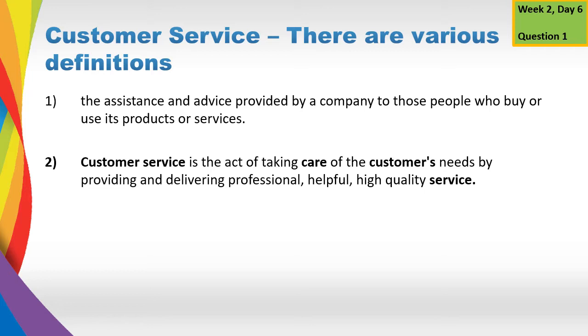So a product is something physical that you can hold, a service is something you can use, like a web development company, a cleaning company, things like that. So that definition, the first one, does really relate to customer service in an office environment. Let's look at number 2.